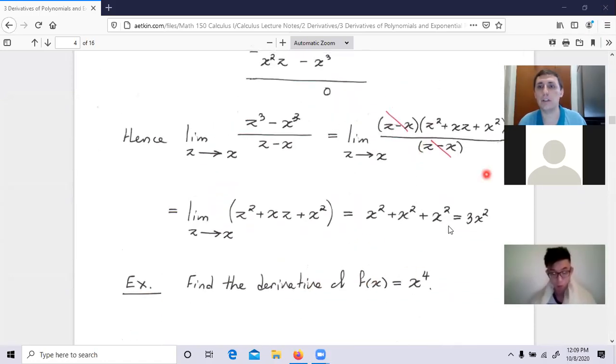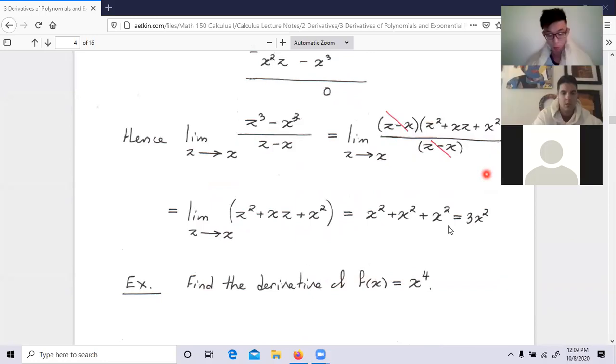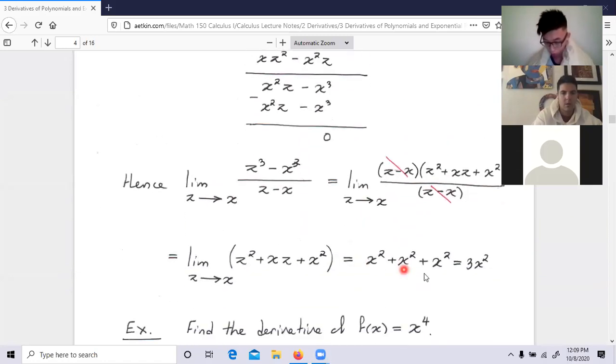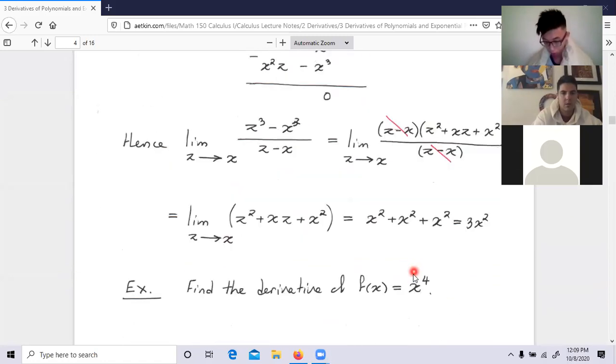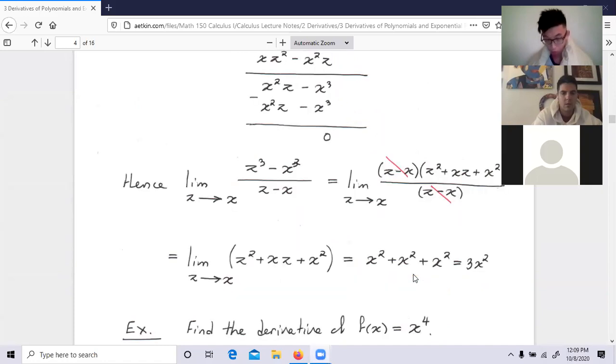Now you find the derivative of x to the power of 4. In some sense, it can be done easier, but let's see if you can figure it out. Well, let's see what you say. X to the 4 now. Notice we know the derivative of x cubed is 3x squared. What about the derivative of x to the 4? Yes, okay, a bunch of you know it, but I hope that means that you know it because you actually carry out the calculation and not by some memory.